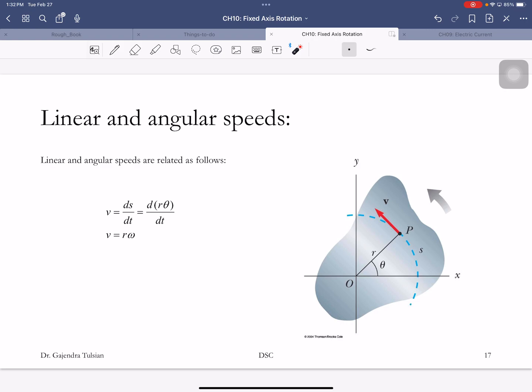You guys have seen some people put big wheels on their cars. Why do they put big wheels on the car? To show off. Well, that's part of the deal as well. But for the same angular velocity, your top speed will be greater.